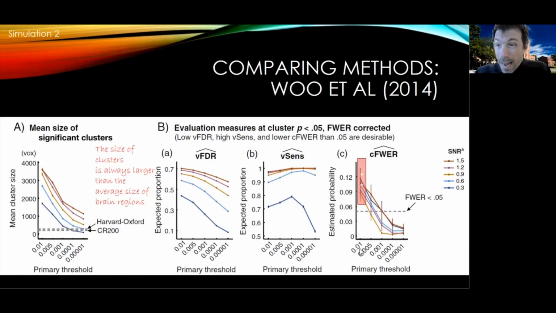So really what they say is, look, 0.01 or 2.3 as a cluster forming threshold doesn't work. The truth is that if you look at 0.005, many times, even if not statistically so, the center of gravity of all these simulations is definitely above 0.05. And also notice that the further down you go in terms of the threshold, the more conservative you get.